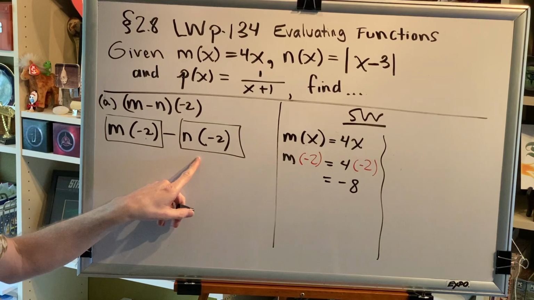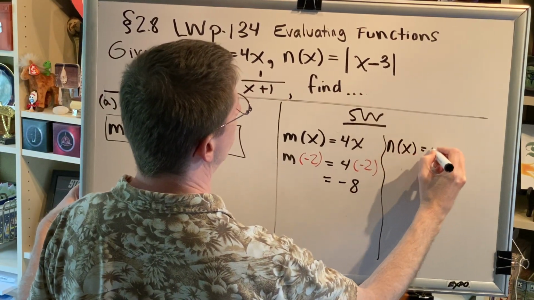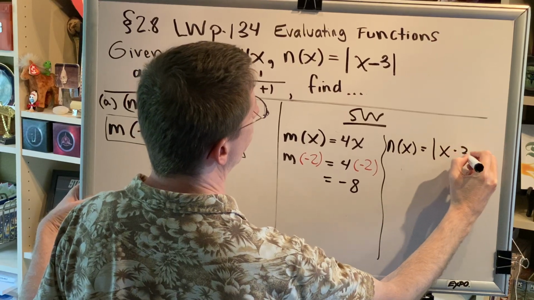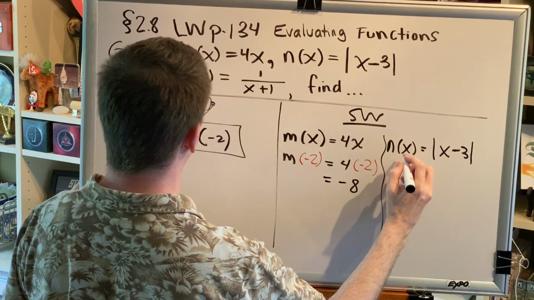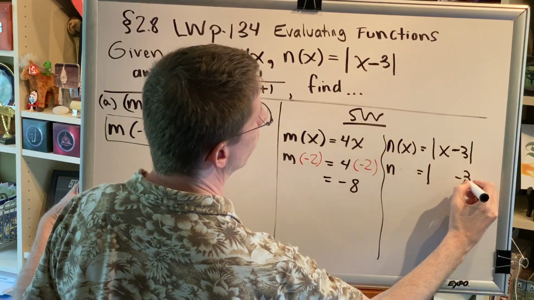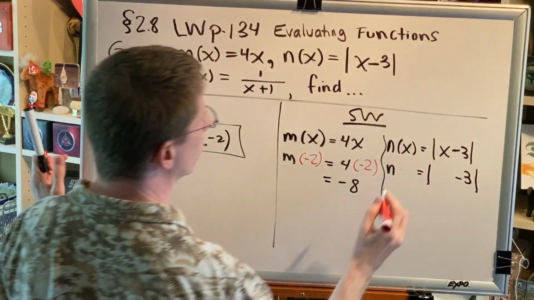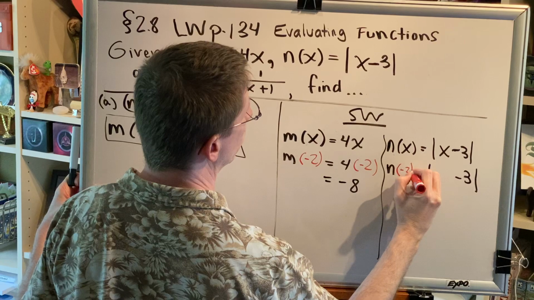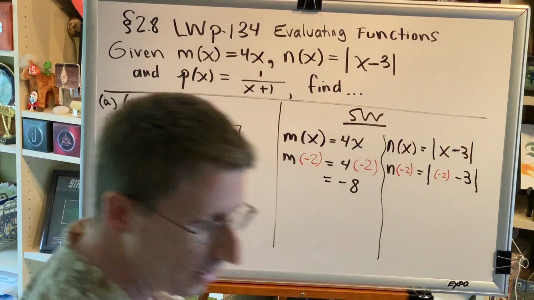Using the same approach, n of x is equal to the absolute value of x subtract 3. Replacing each x with a negative 2 in parentheses, and then simplifying.